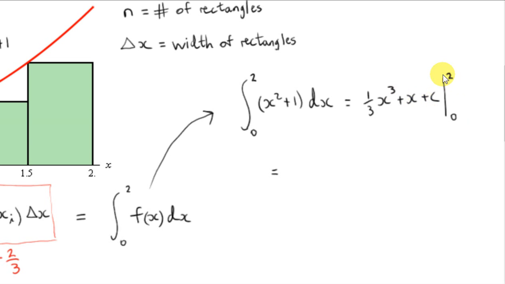So what we do is we plug 2 in for x in the result of the indefinite integral. So we're going to get a third times 2 cubed plus 2 plus c. Then we put down a minus sign, and I'll prove why this is true later on. But then we subtract off the indefinite integral with 0 in for x.